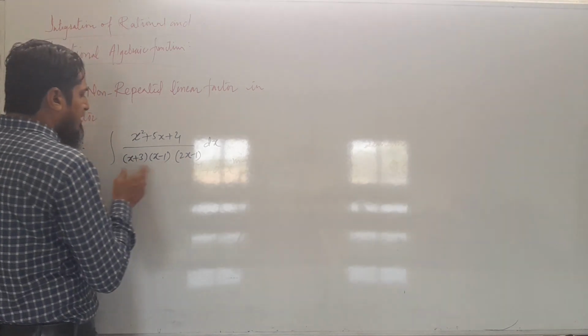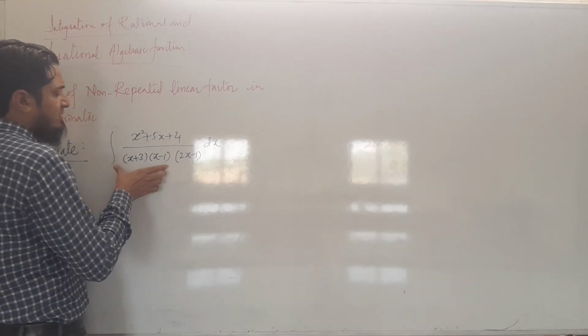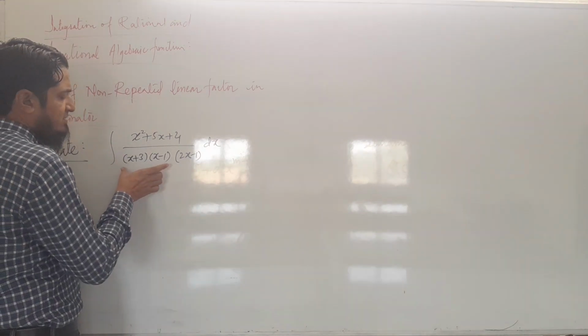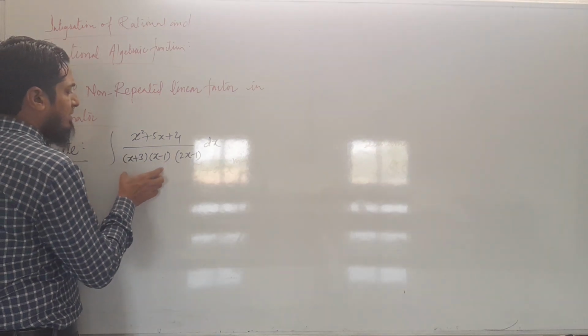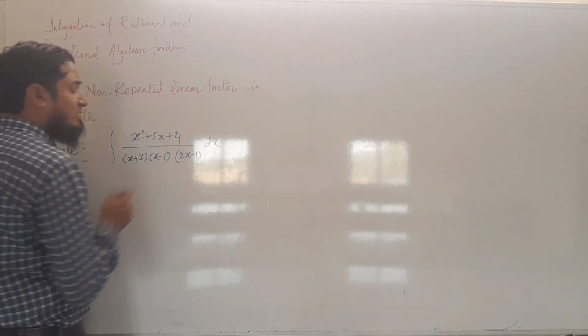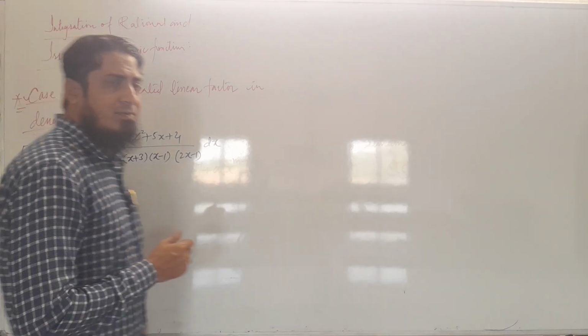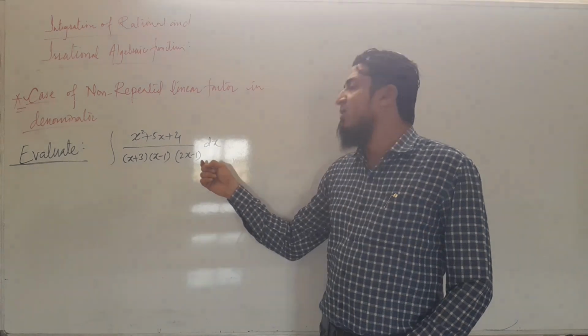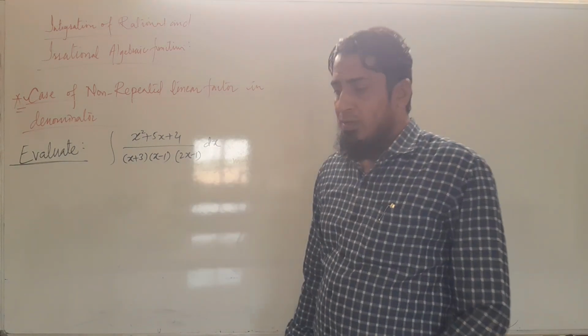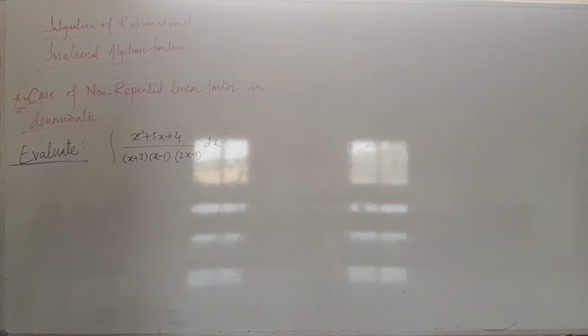You can solve by simply multiplying two brackets, and then multiplying the result by 2x minus 1, and we will get a polynomial of degree 3. So we have the first case.